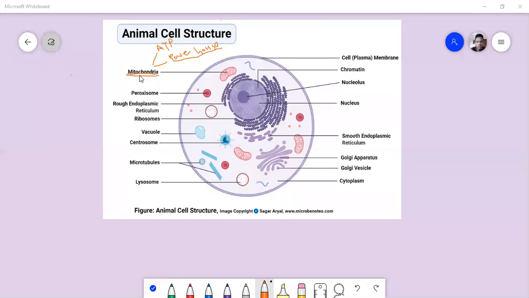So that is all you have to know about mitochondria. If we were to zoom in, your mitochondria is double membrane, right? There's the outer membrane, and then the inner membrane is not really smooth, it has these projections.